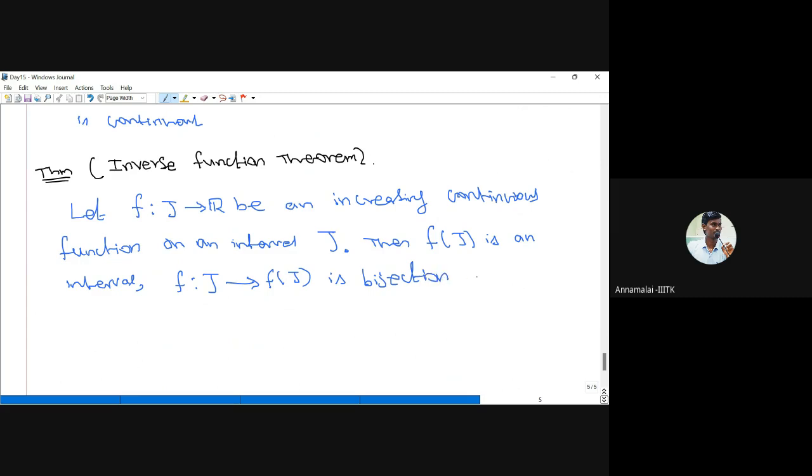Once the function is a bijection, then we can talk about the inverse function, f inverse from f of J to J. Domain and codomain are interchanged. Now this function is continuous.